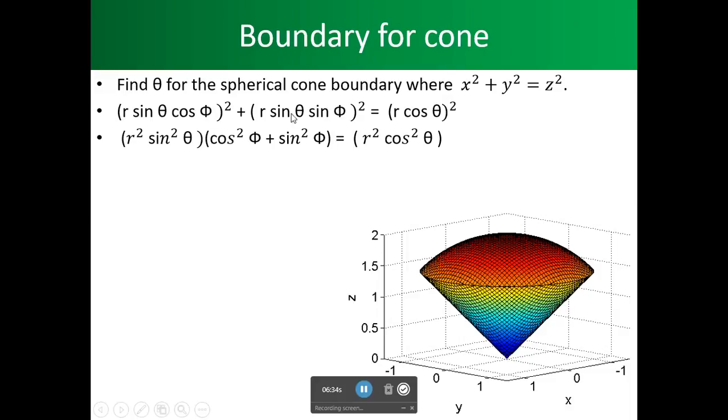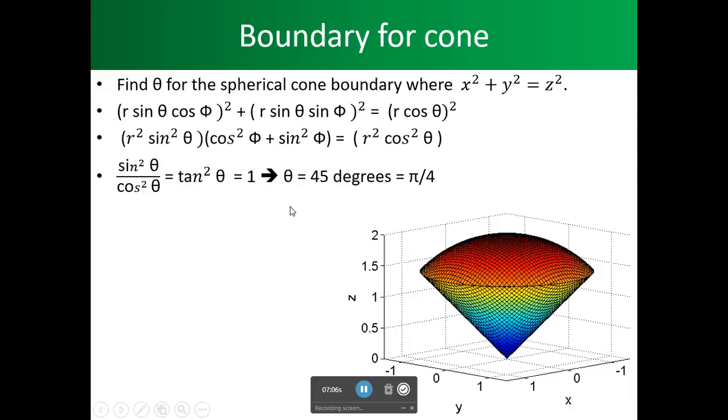Then we're only left with cosine squared of theta plus sine squared of theta, which is equal to 1. Now we can bring cosine squared of phi to the other side, and the rho squareds cancel out. We get sine squared of phi over cosine squared of phi, which equals tangent squared of phi, which equals 1.